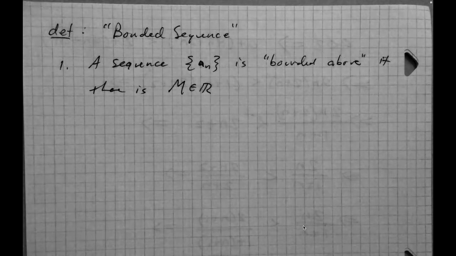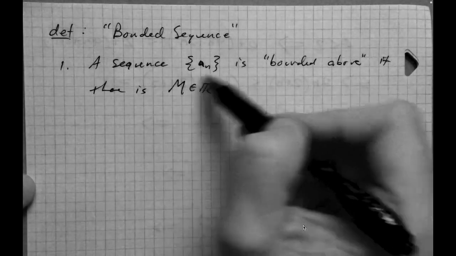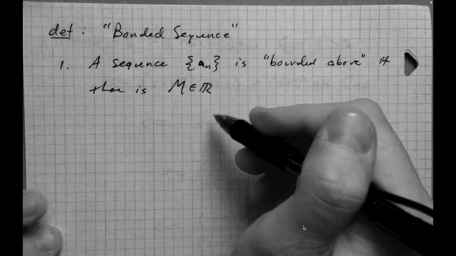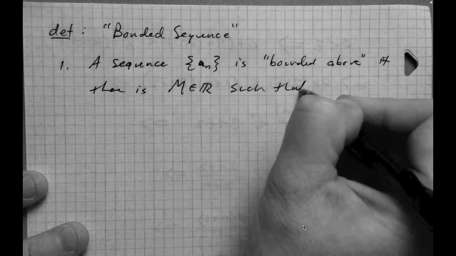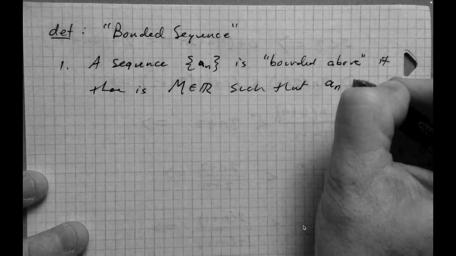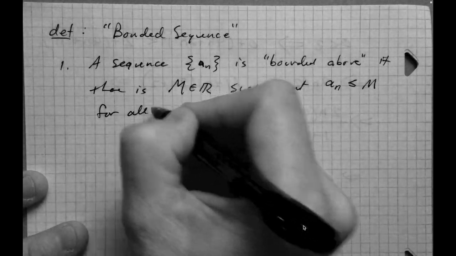So a_n is bounded above if there is a real number M such that a_n is less than or equal to M for all n.